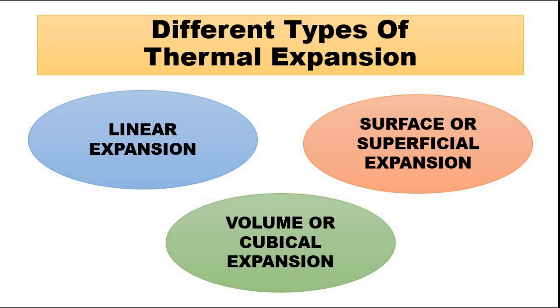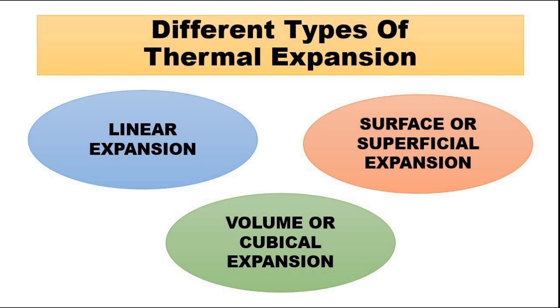Then we have surface or superficial expansion, which is two dimensional, in terms of surface area, the increase in surface area on heating. And then we have volume or cubical expansion. This is three dimensional, in terms of volume, the increase in volume on heating.